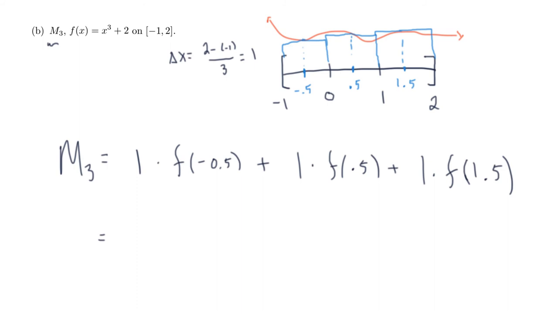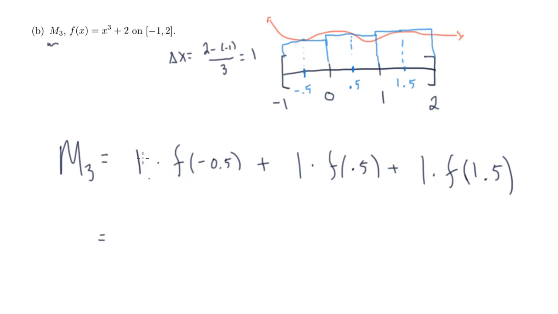And at this point, you know, it's fine to just use a calculator. So let's see. It appears, let's see, so f of -0.5, so this is just 1 times that.